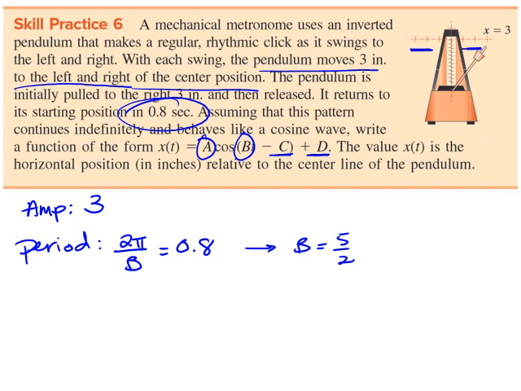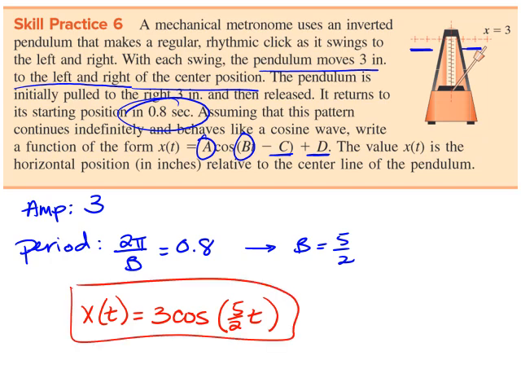So I can go ahead and write my equation. X of t is equal to 3 cosine of 5 pi over 2 t. And this concludes the lesson for section 4-5.